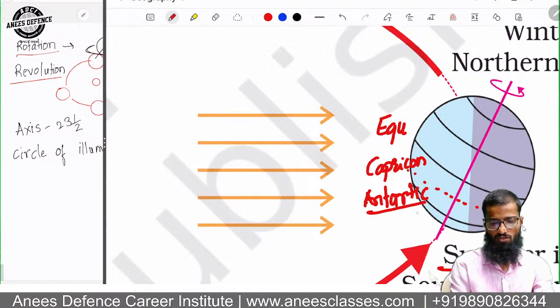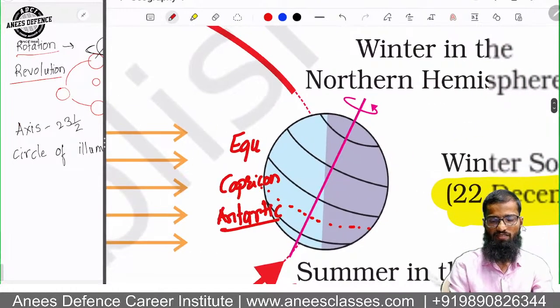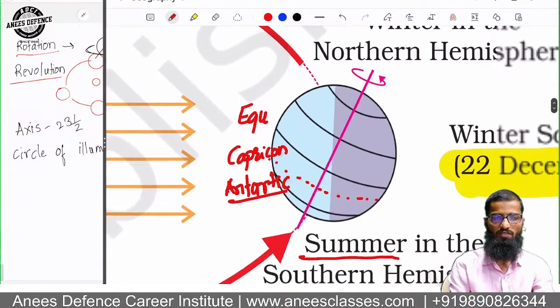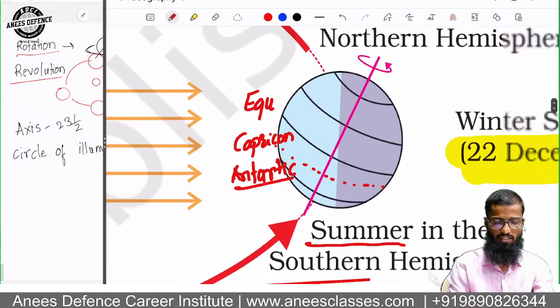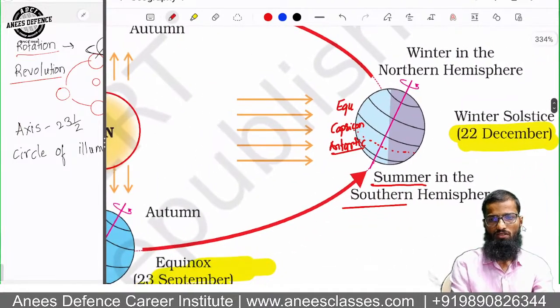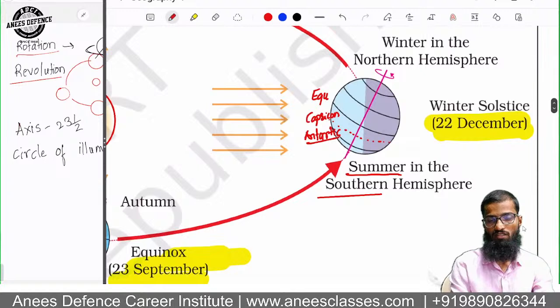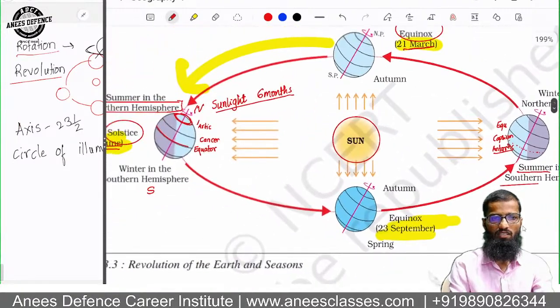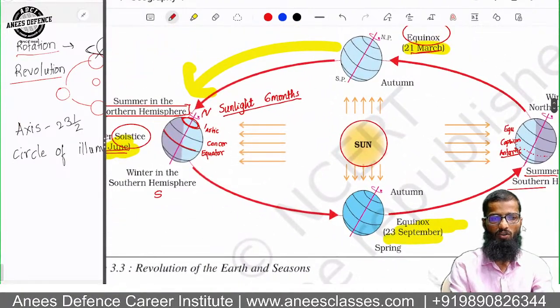So this South Pole on 22nd of December will receive continuous 6 months sunlight. So in December you have summer or winter? In the southern hemisphere, you will have summer. So it is called the winter solstice in the northern hemisphere, and it will be in June.